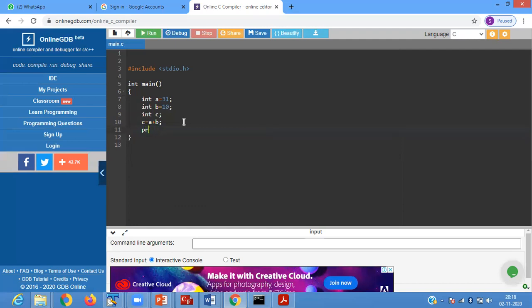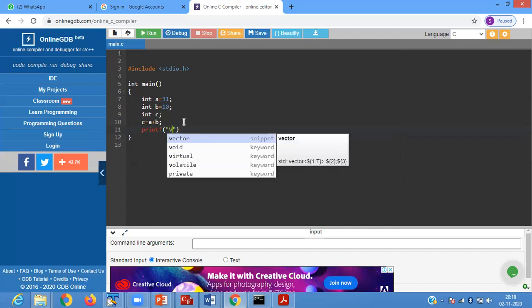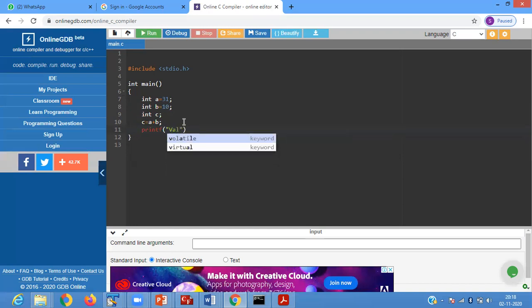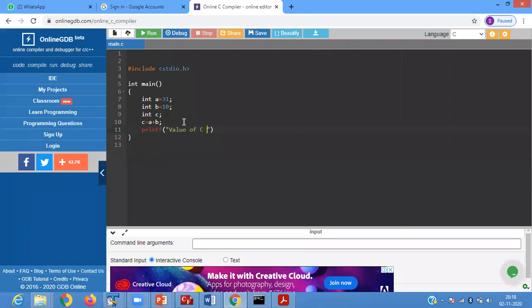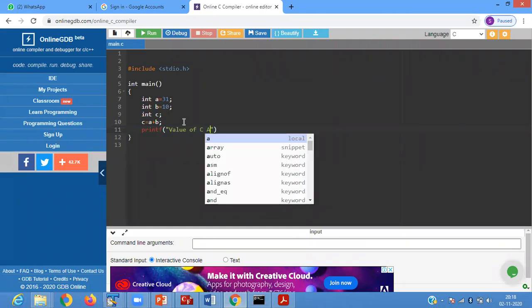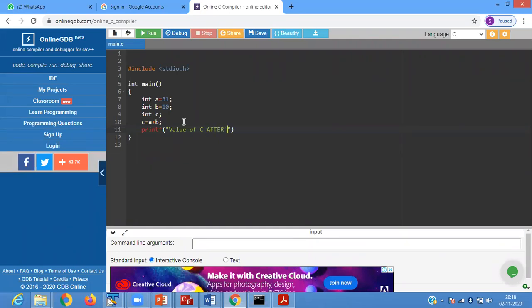Then printf, value of c after addition, percent d, c.